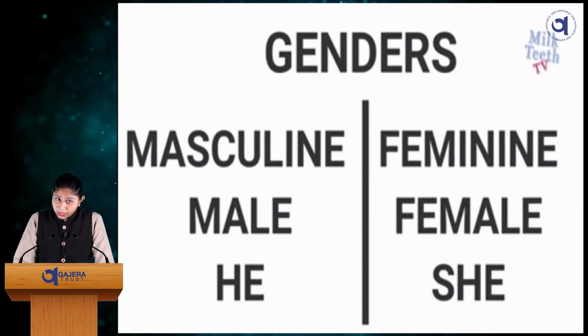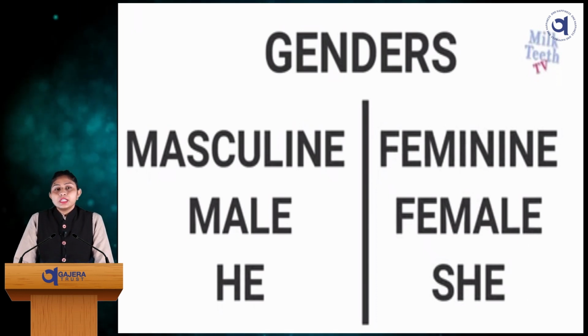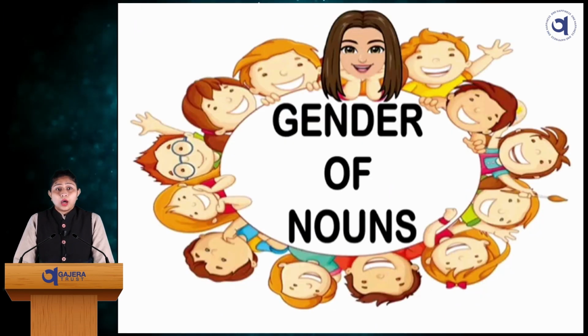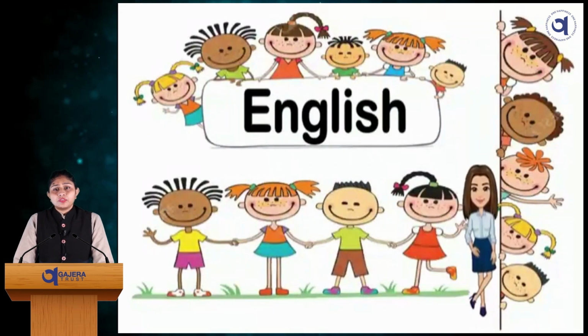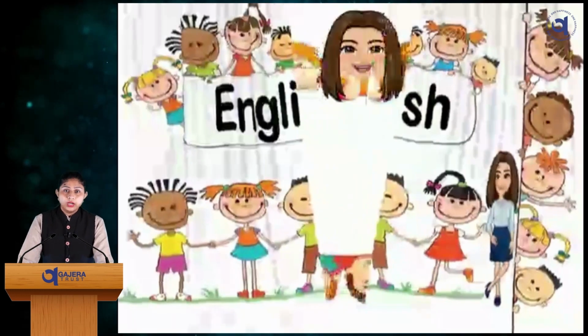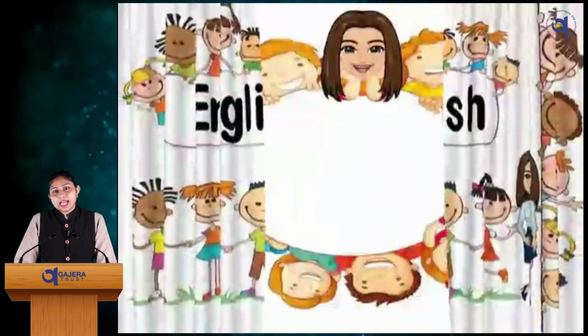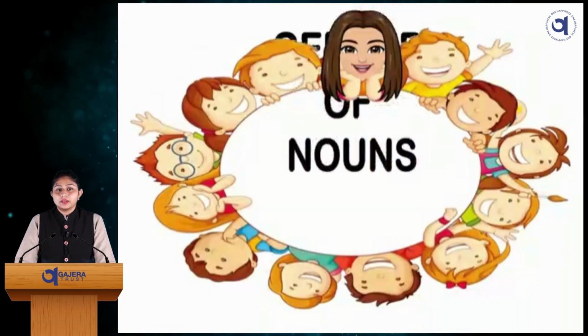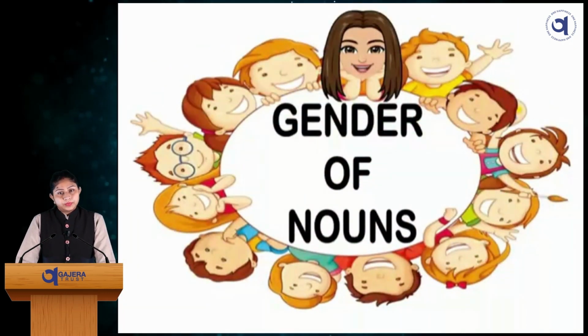Okay, that's clear. Now let's move ahead. Genders of noun is a very interesting topic in our English language. So let's get started with our beautiful topic, genders of noun.